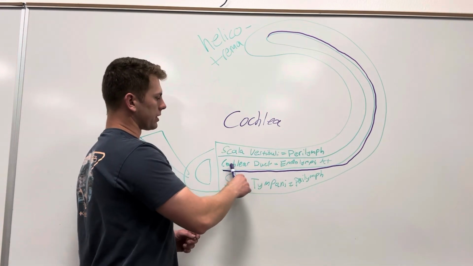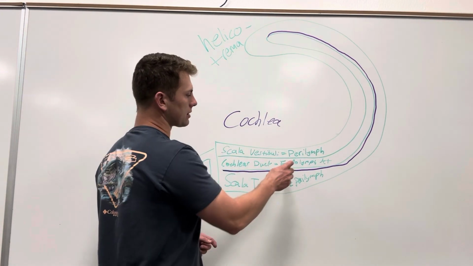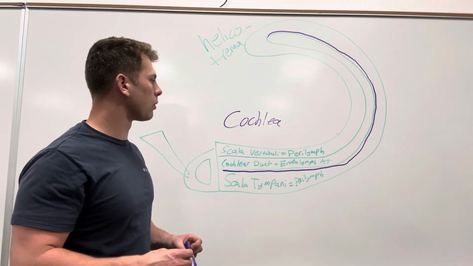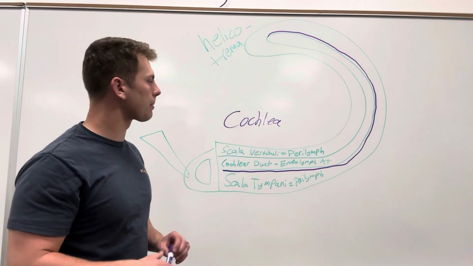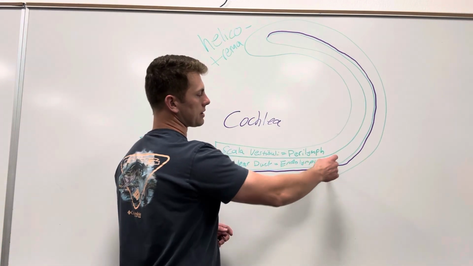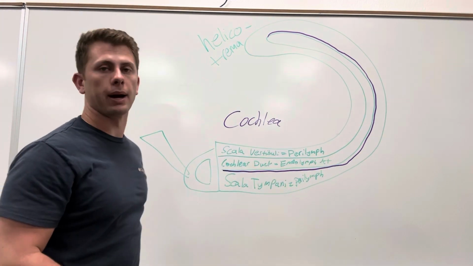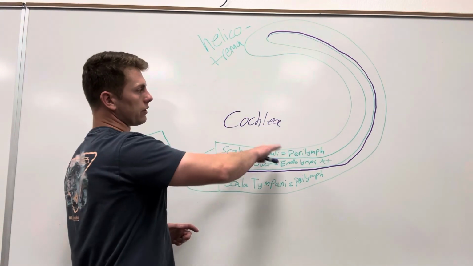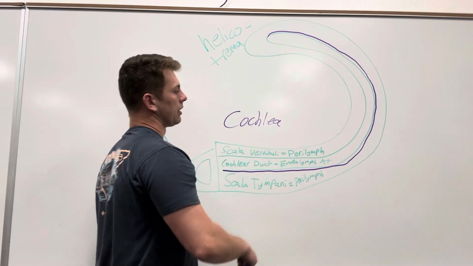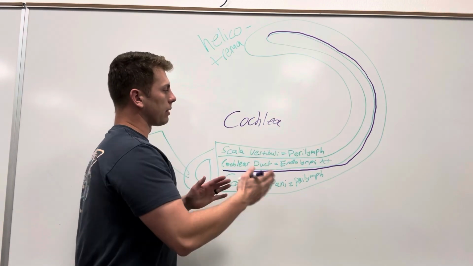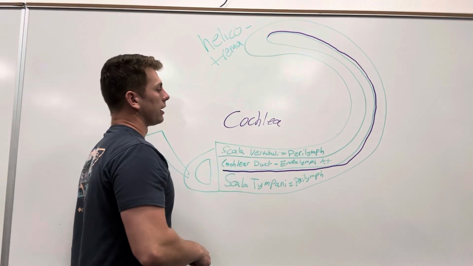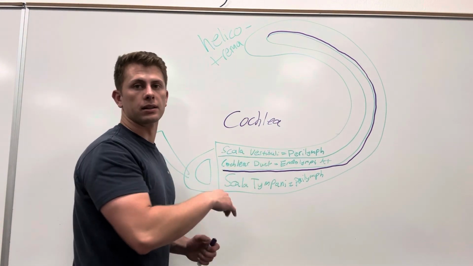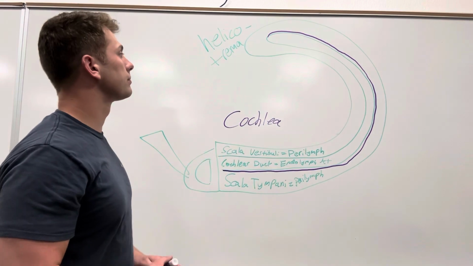In the middle, we have this cochlear duct, which actually contains endolymph, which resembles more of an interstitial fluid, and it has full potassium, which will be important in a bit when we talk about electrical signals. But this liquid, this water basically, will vibrate and move this basilar membrane up and down.